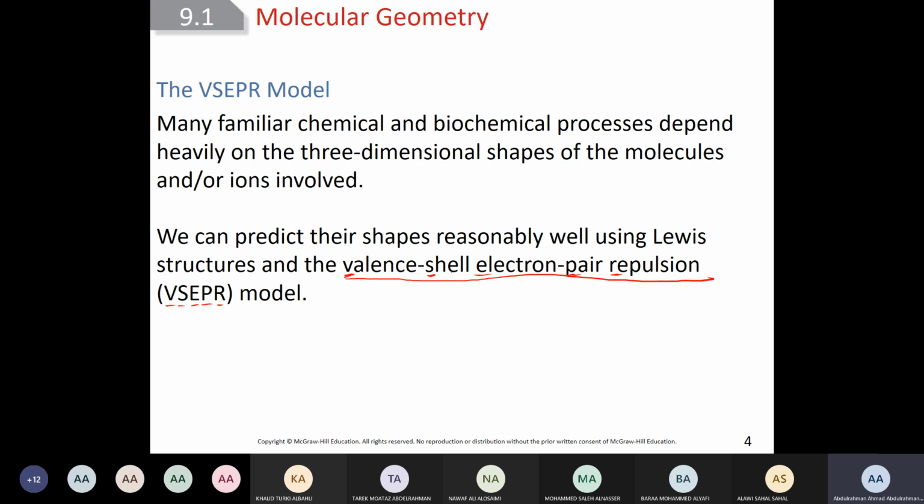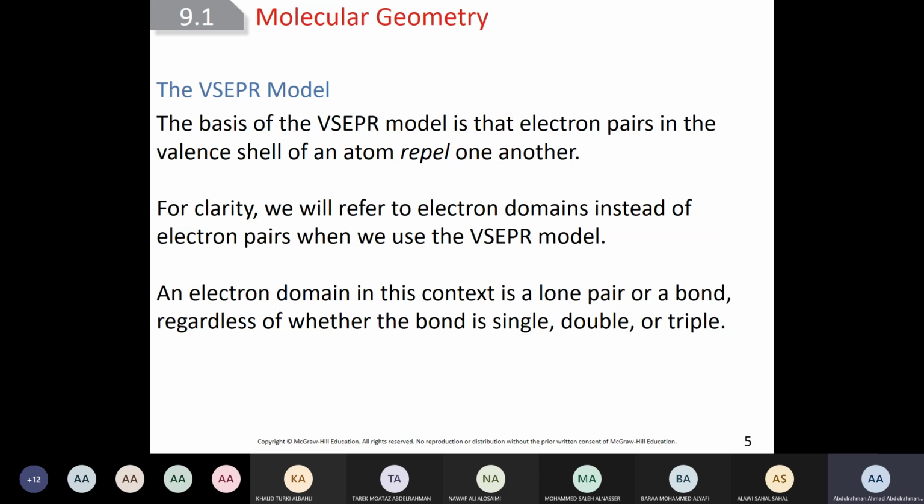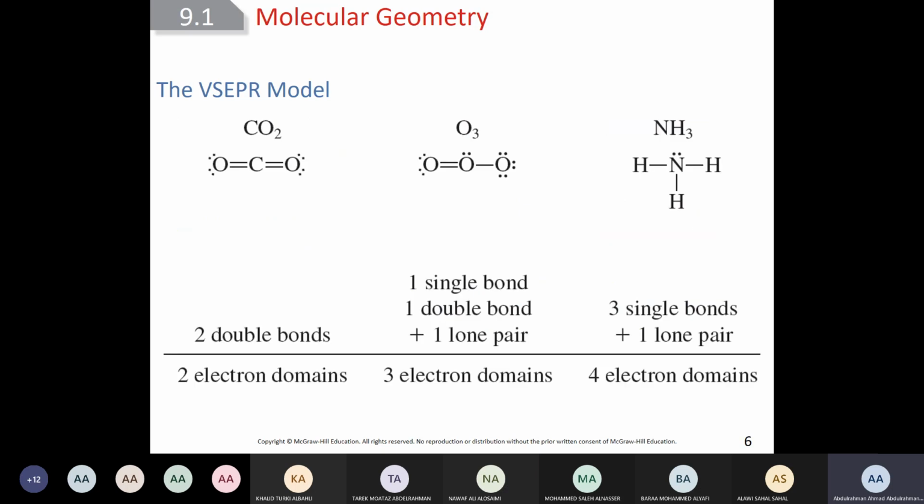And this model predicts the shape of the molecule. We're going to talk about two important things. First, we have to know what valence shell, valence electrons are. What are valence electrons?